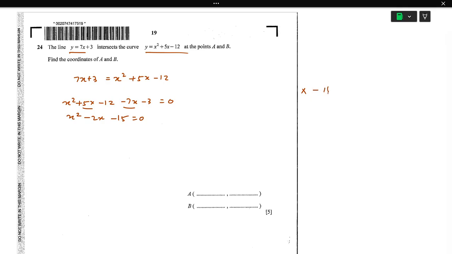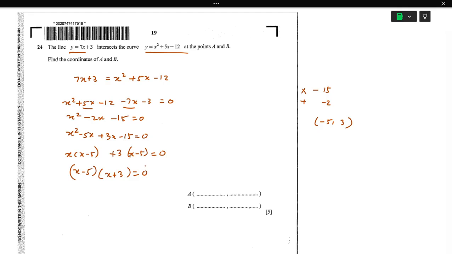Multiplied I have to get negative 15, added I have to get negative 2. The factors are 5 and 3, so minus 5 comma 3. I'll expand this: x square minus 5x plus 3x minus 15 equal to 0. For the first two terms x is common, so x minus 5, and x minus 5 I'll write here, plus 3 equal to 0. So x minus 5 and x plus 3 equal to 0.